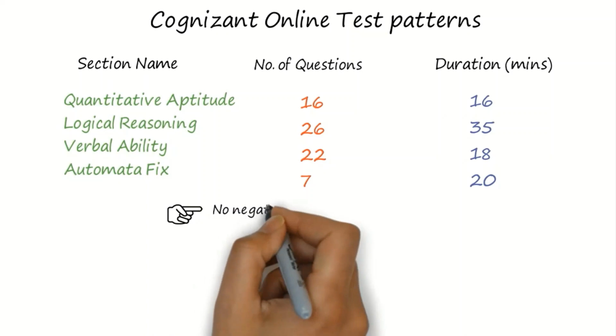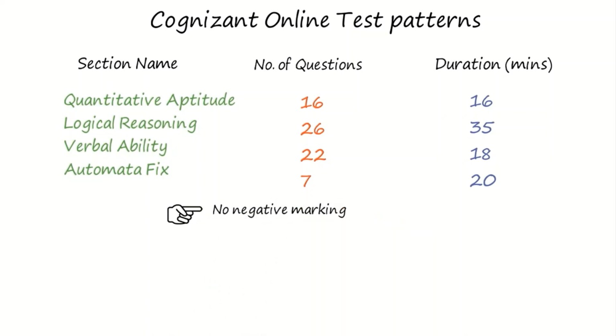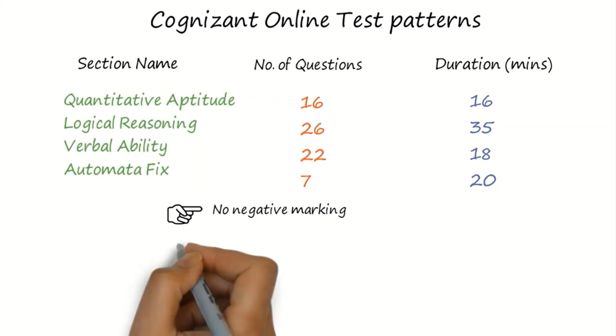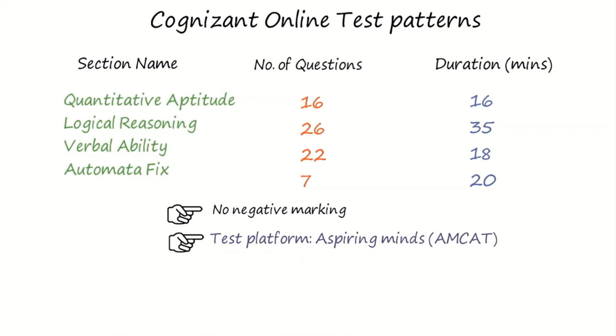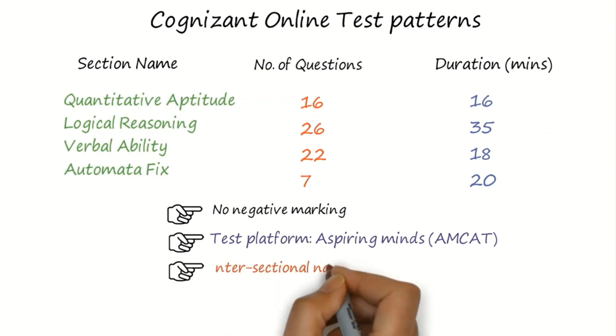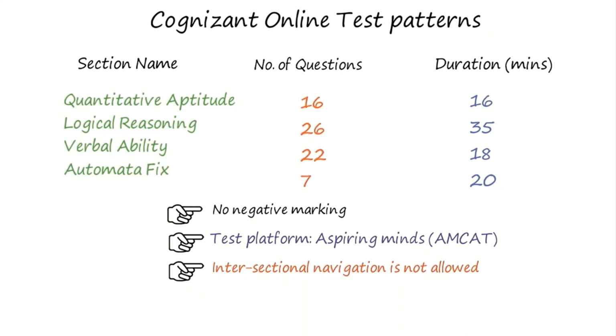As there is no negative marking, even if you are not sure about the answer, please at least attempt the question. In general, CTS uses AMCAT platform to conduct online aptitude tests. You are not allowed to skip a question and navigate to next section.